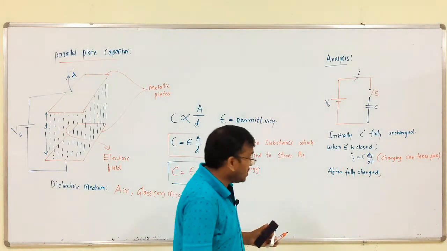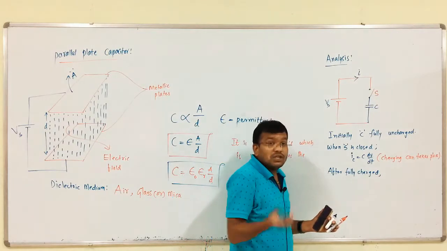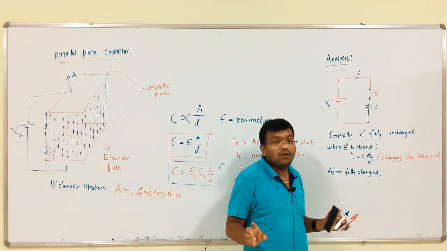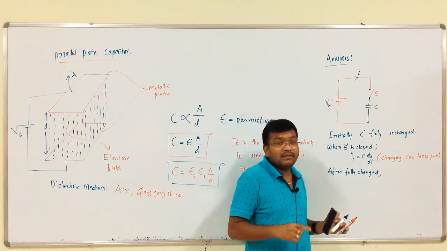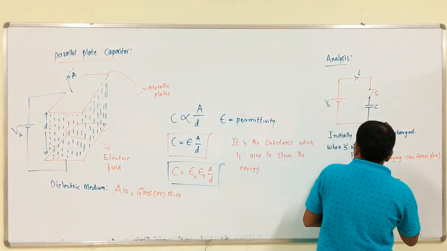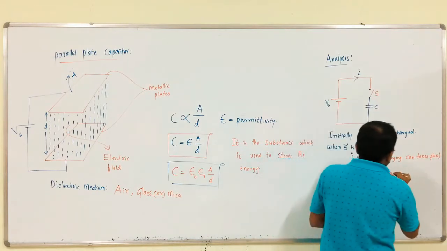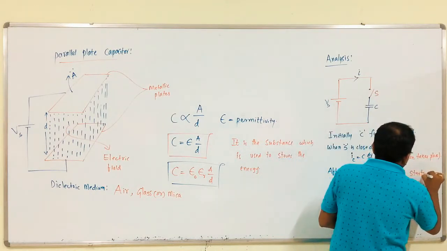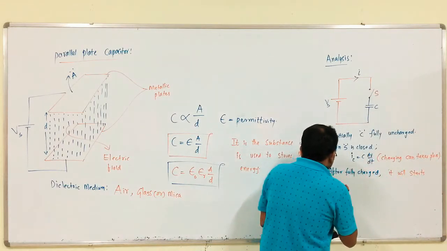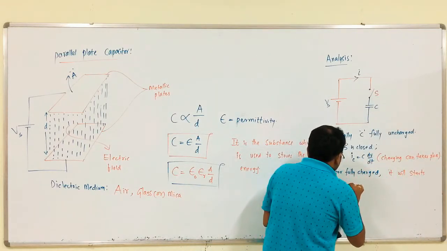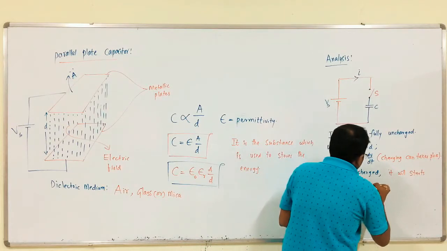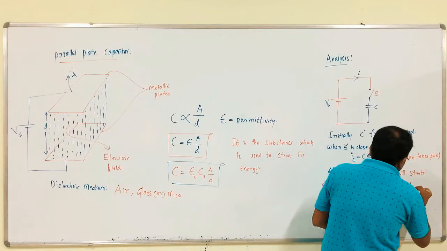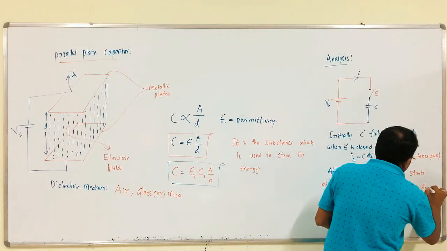The amount of charge can be discharged slowly. Why is it discharged slowly? Because after fully charged, it will start discharging very slowly over a long duration.